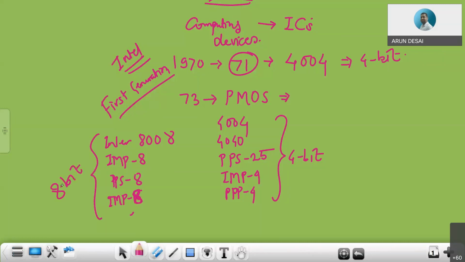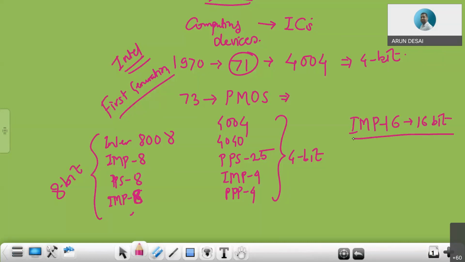So they came up with an 8-bit ALU, so those are 8-bit processors. In first generation, National has also come up with IMP 16, that is a 16-bit processor, right?